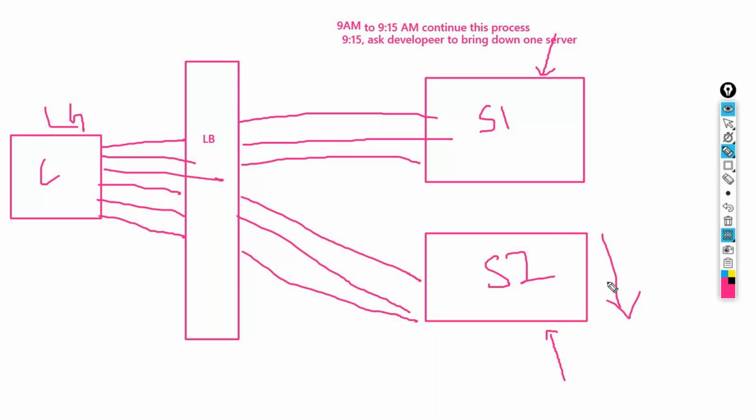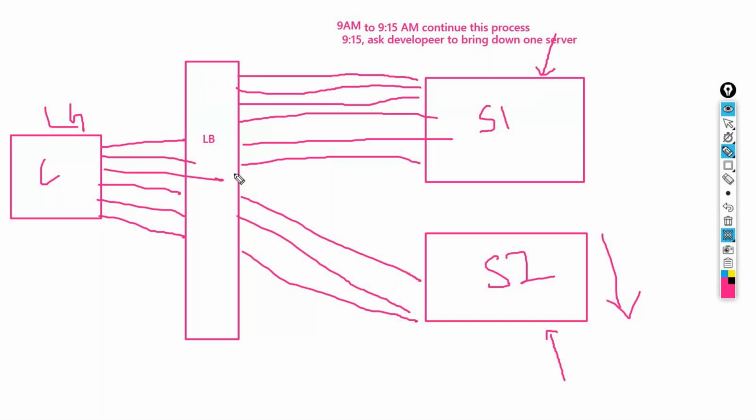Now when this is down, the load balancer has the capability to know that one of the servers is down, and it will automatically redirect all the upcoming requests to server 1 only. It will not send them to server 2, because the load balancer knows that server 2 is currently down.